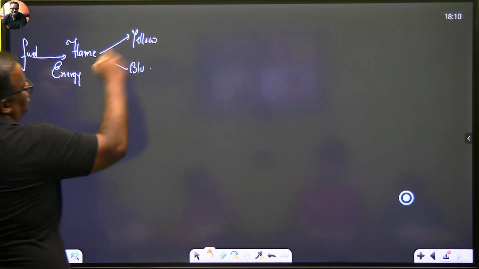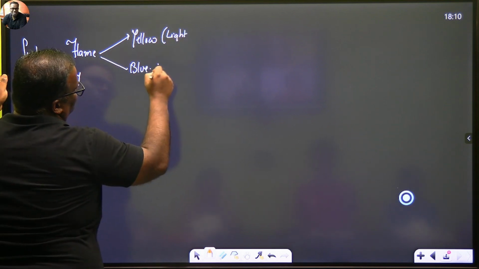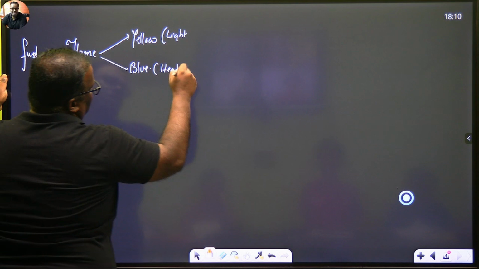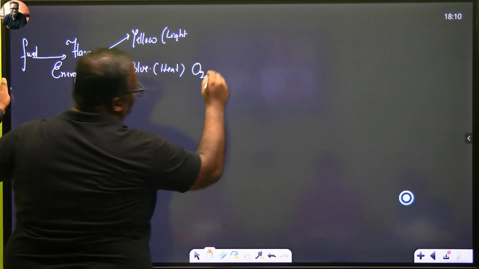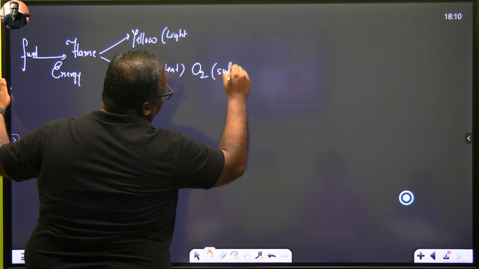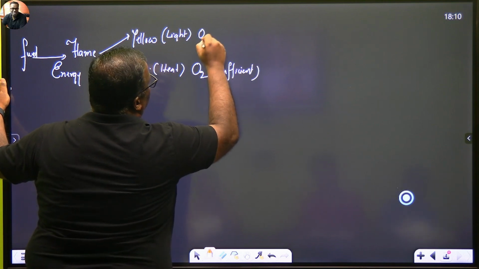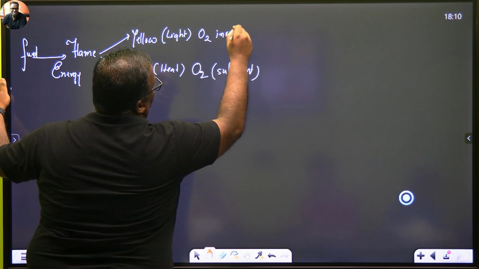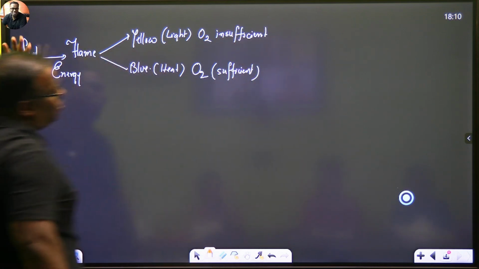Here the energy is more in the form of light, and here it is more in the form of heat. Here we have oxygen, I'm writing oxygen as O2. Here oxygen will always be sufficient, there is no shortage. Here oxygen will be insufficient. See, this is the way you learn. It's not about mugging up. Get the process clear.